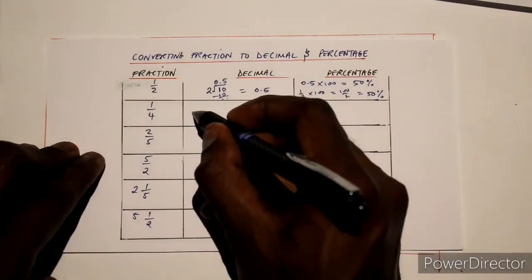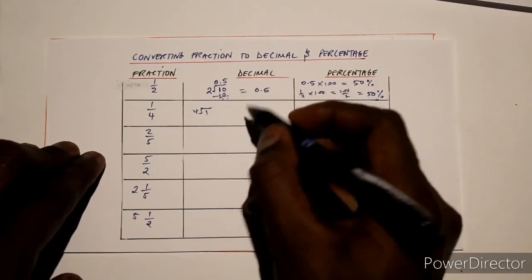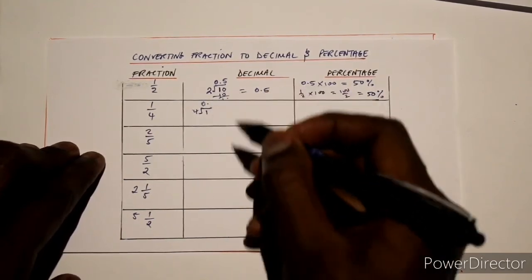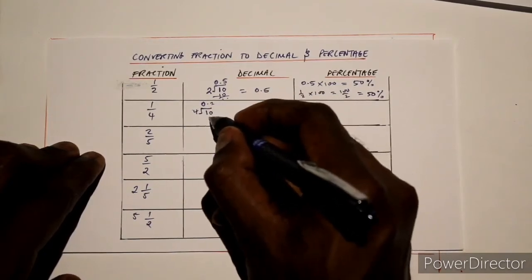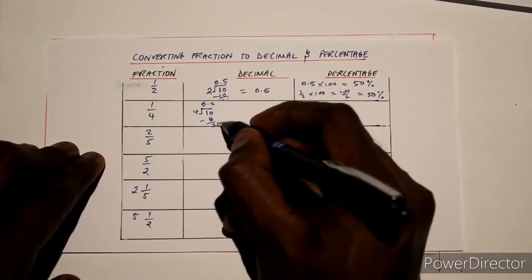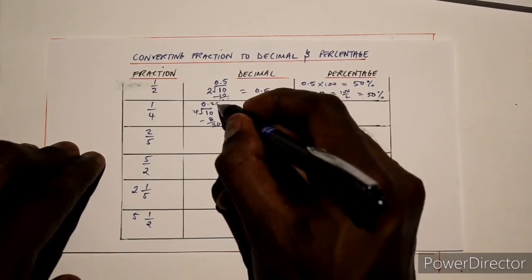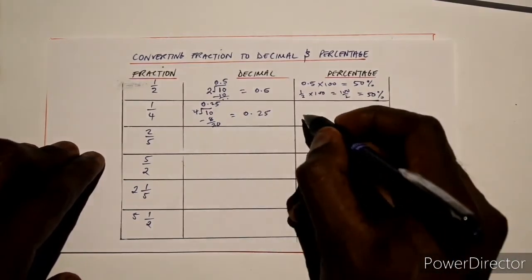1 over 4, you should have 4 outside, into 1. 4 into 1 cannot, put down 0 point, add another 0. 4 into 10 is 2, 2 times 4 is 8, remainder 2. 4 into 20 is 5, so you should have 0.25.